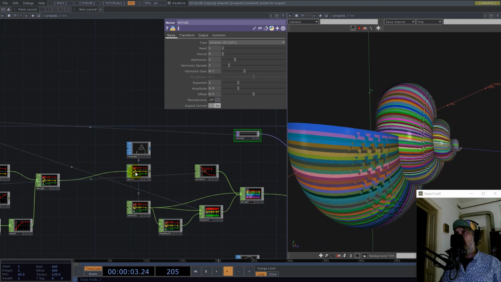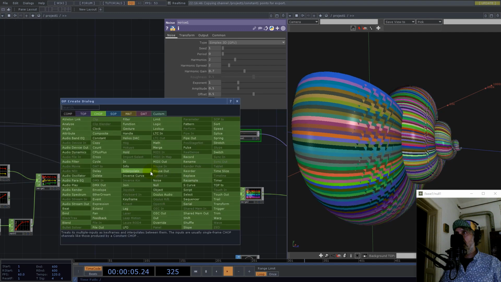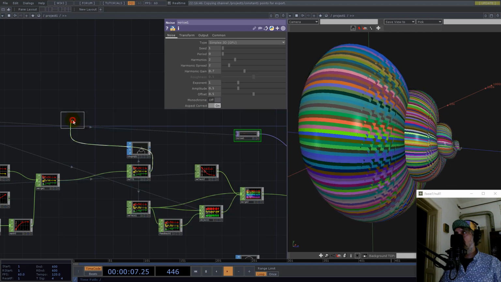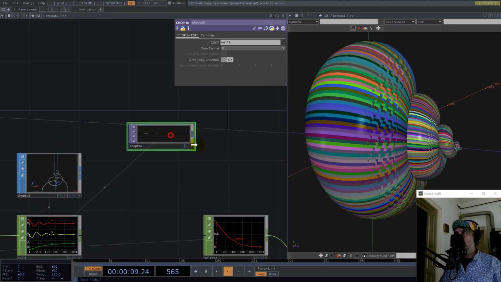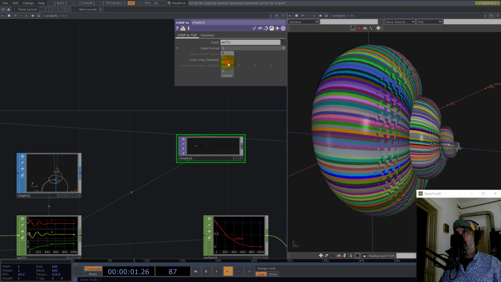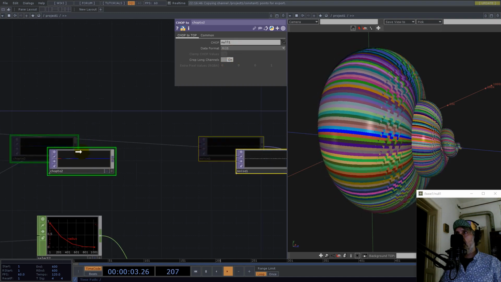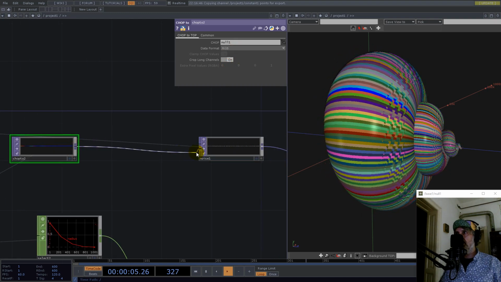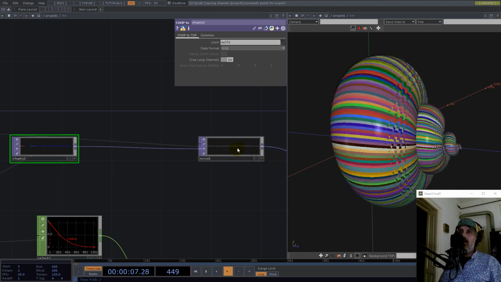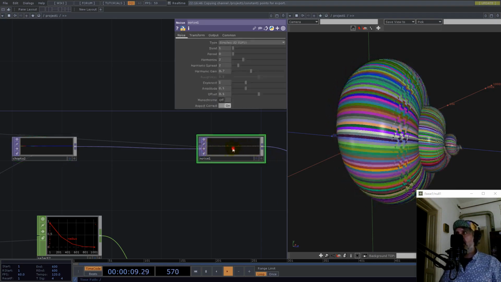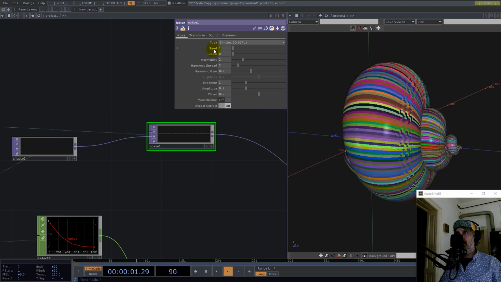So here I have the points. If I take the chop 2 and RGB, now I can use that here. And right now it's flickering since it's moving too fast.